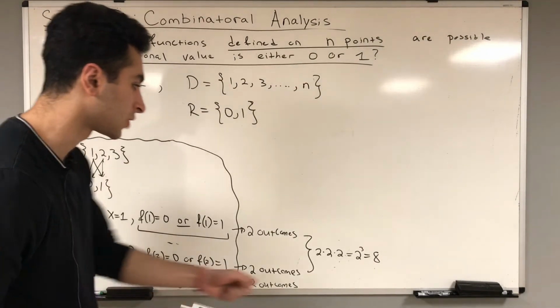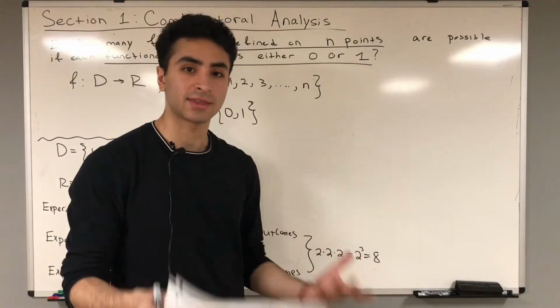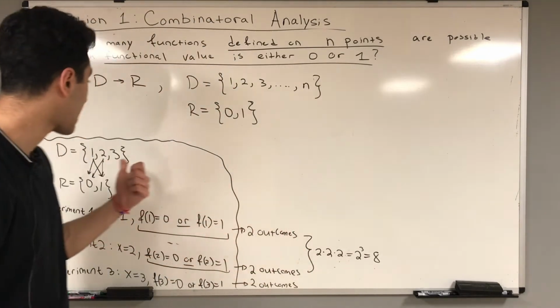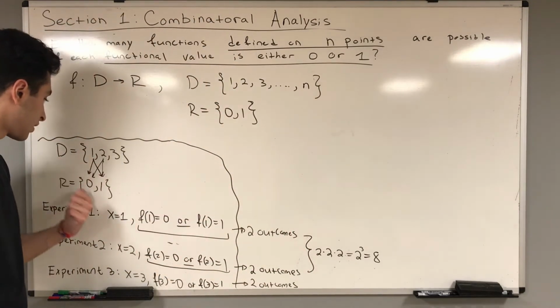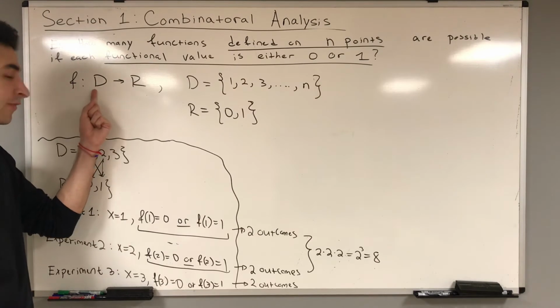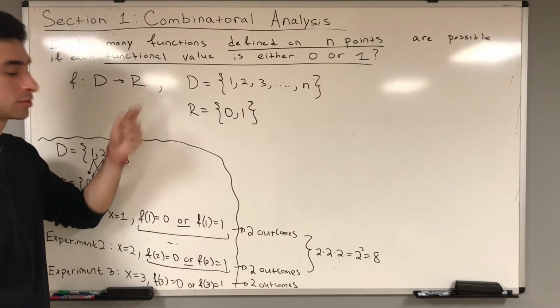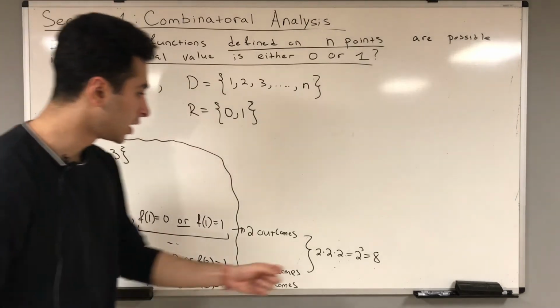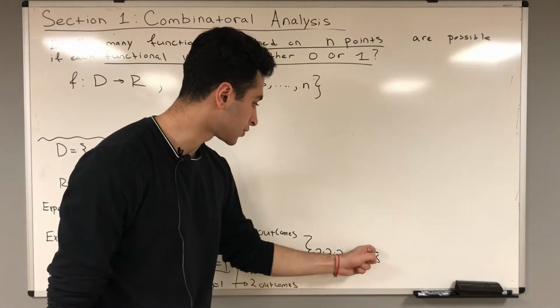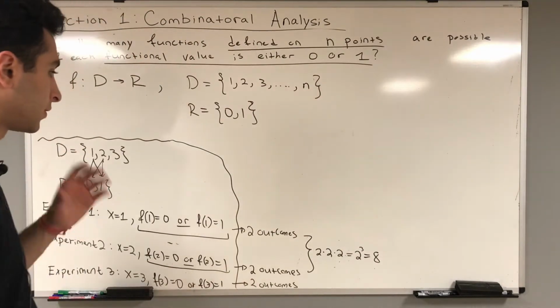That's what you just found. The arrow means you map to this range. Great. 2 times 2 times 2, 2 to the 3rd equals 8. Notice something.